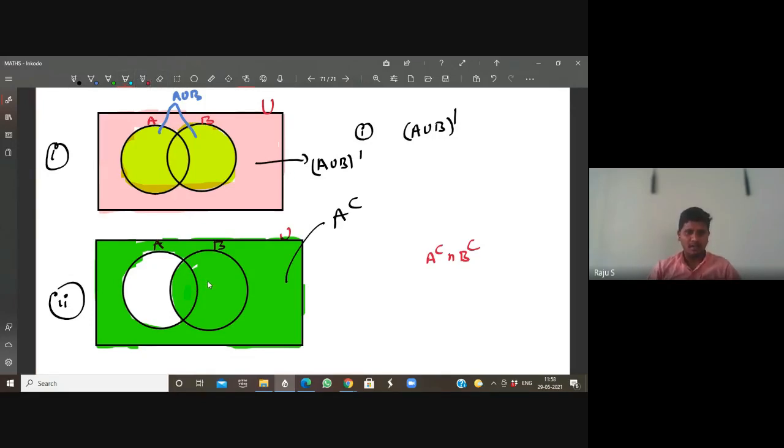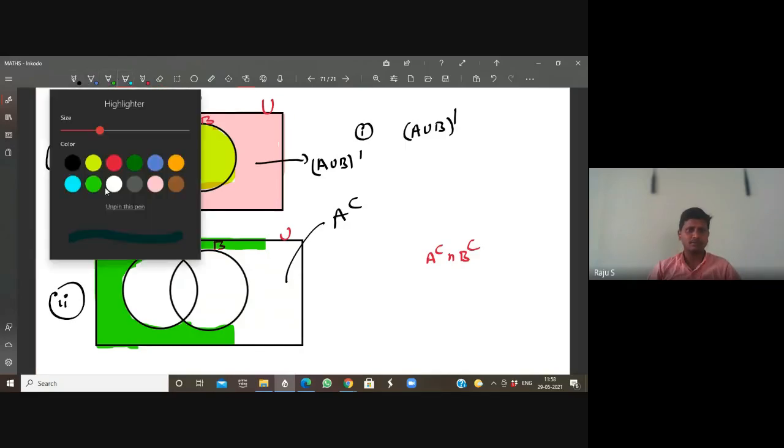Other than A, we are not doing A minus B. For A complement we should not consider the common region. How many of you understood that?